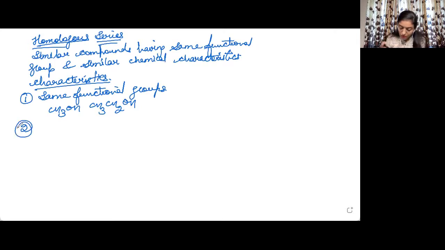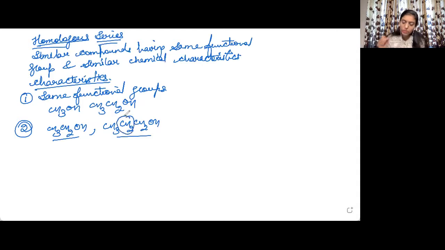the subsequent members differ by one CH2 group. For example, if I say CH3CH2OH is the alcohol I have, right? And the next member is CH3CH2CH2OH, so this is ethanol, this is propanol. Now, how they are differing from each other?